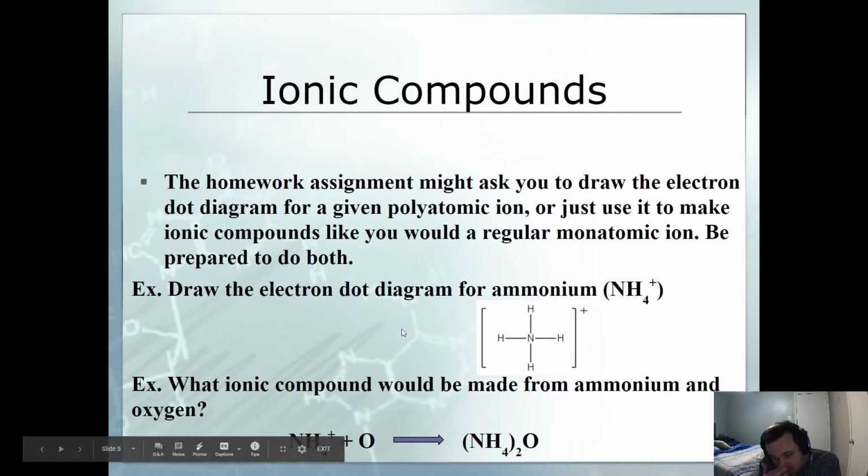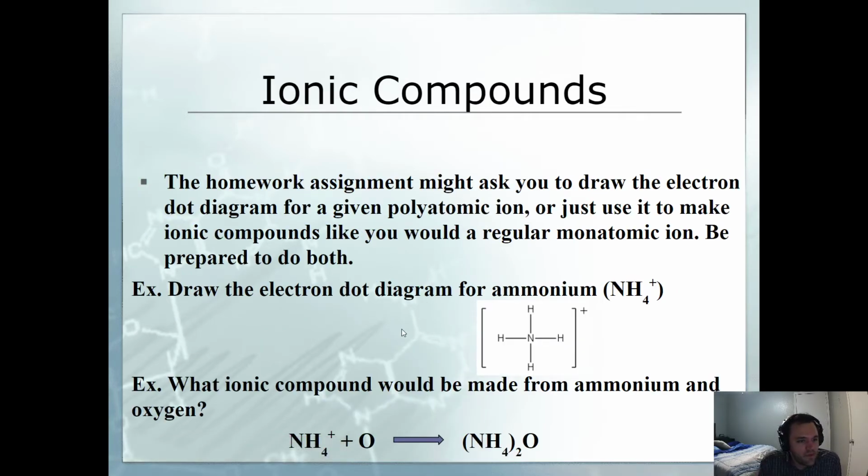So the homework for today is going to be drawing these electron dot diagrams for some of these polyatomic ions. So you can see, like this one here, the question might say, draw the electron dot diagram for ammonium, which is NH4.